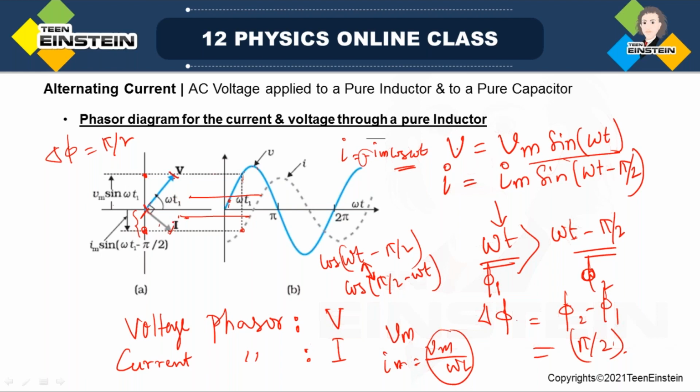Then the voltage phasor is ahead by 90 degrees, or pi by 2, than the current phasor, which is also represented over here. So in the phasor diagram we see the phase angle between the two rotating vectors, here the current and voltage phasors, which one is lagging behind and which one is going ahead.